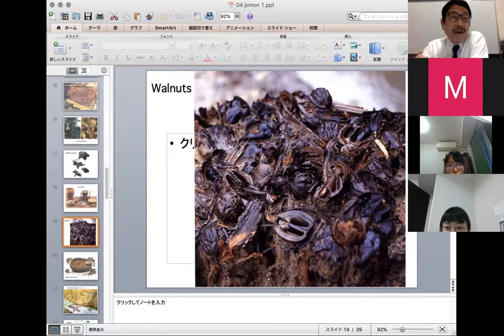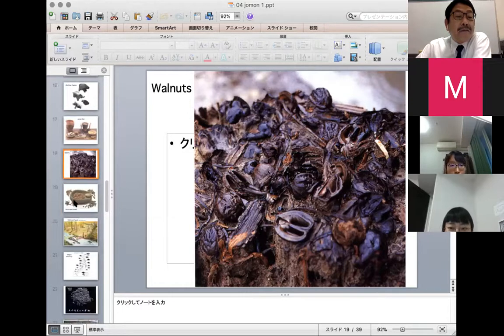Then it would give you a crack right there and you can split it. So they knew all those kinds of technology too. And this is the evidence that they knew these methods.